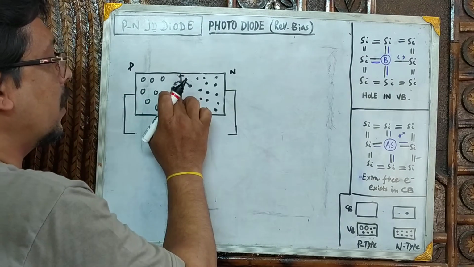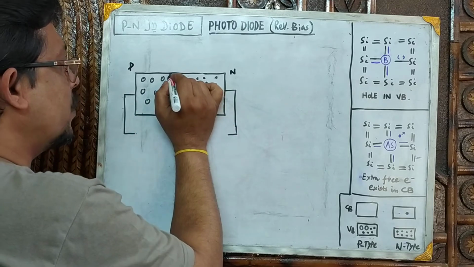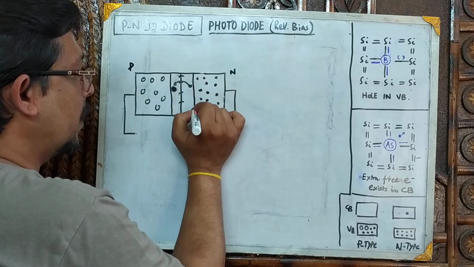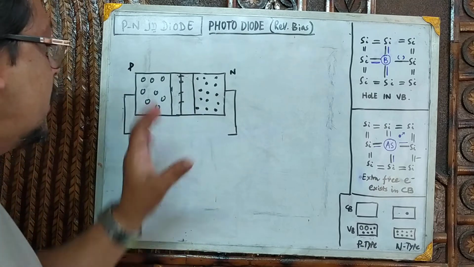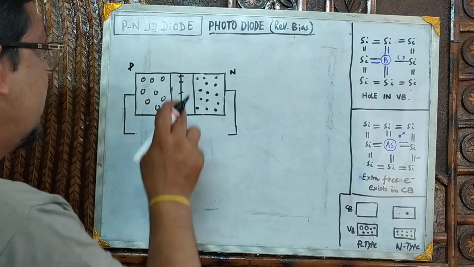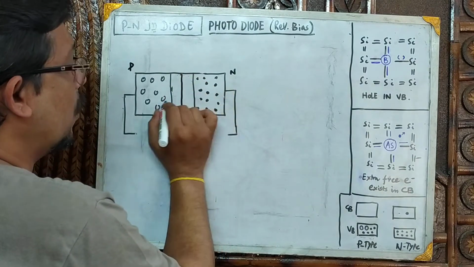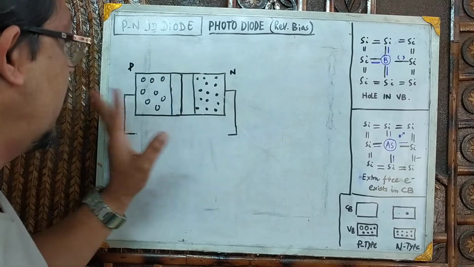When the octet is completed, there is no free electron concept and no hole concept. That means within this region, due to this recombination of electrons and holes, there will be no free charges, only silicon atoms. In this mid region, on both sides, we cannot get any free electron, due to the recombination of holes and electrons.